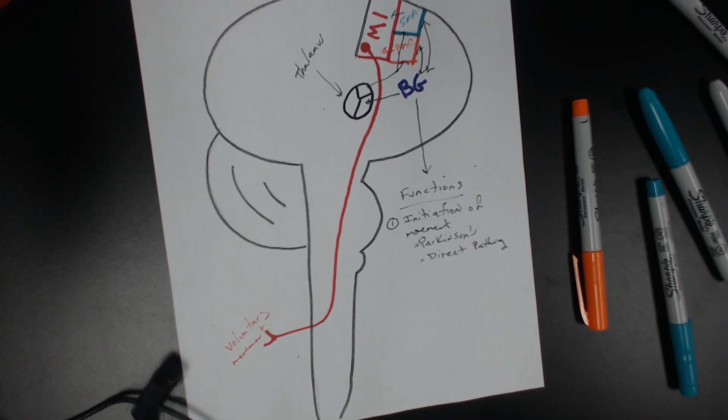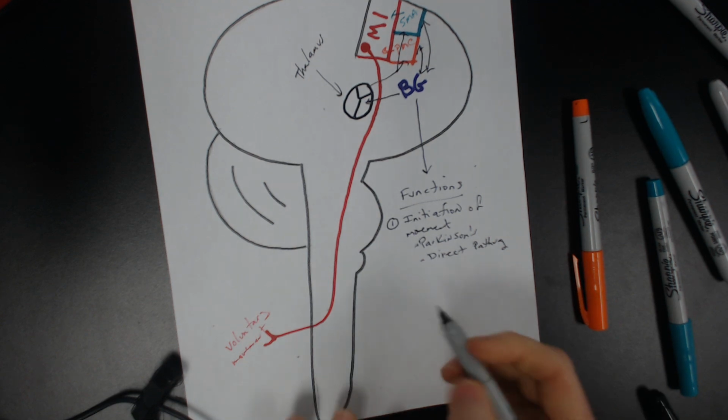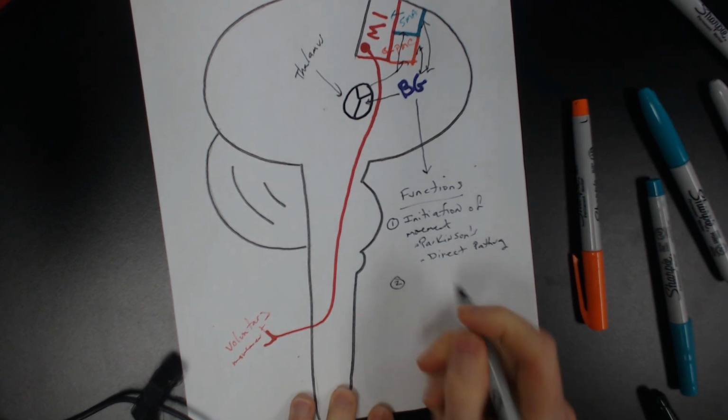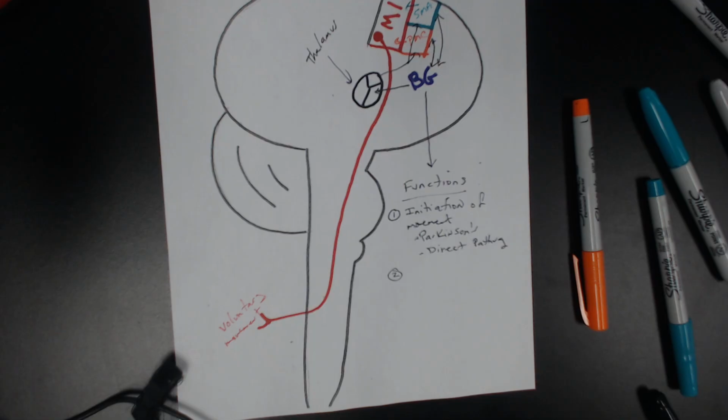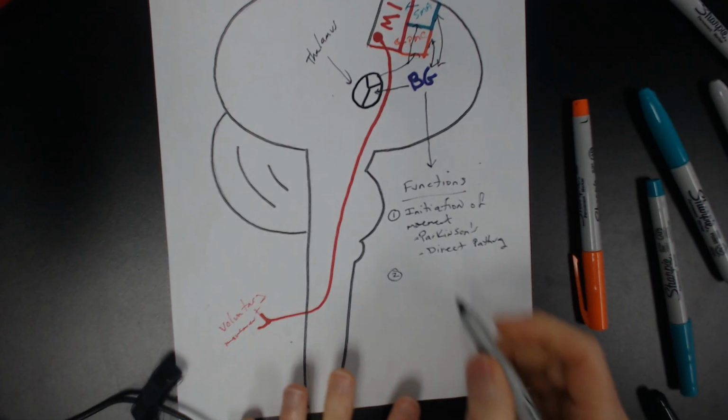Okay. So the second function that you need to know about for the basal ganglia is the inhibition of unwanted movement.